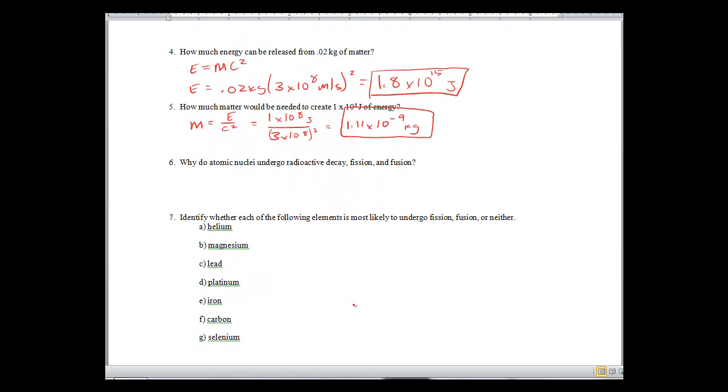Why do atomic nuclei undergo radioactive decay, fission, and fusion? In short, the nucleus is relaxing or seeking a more stable state.